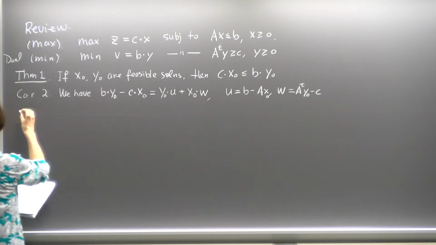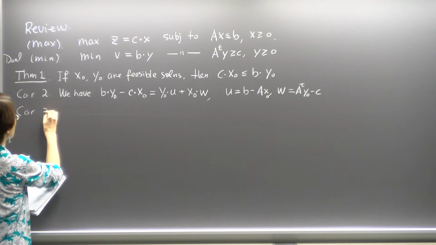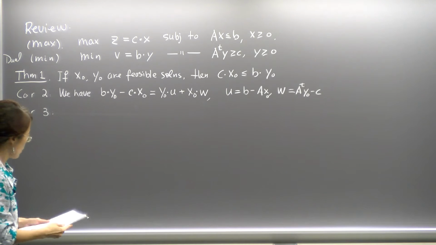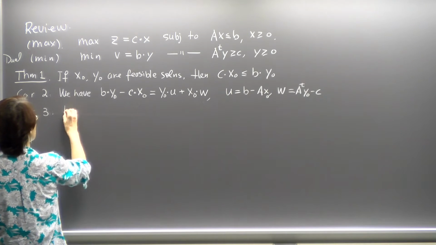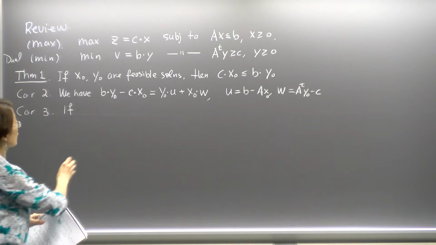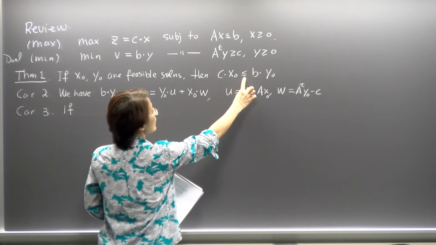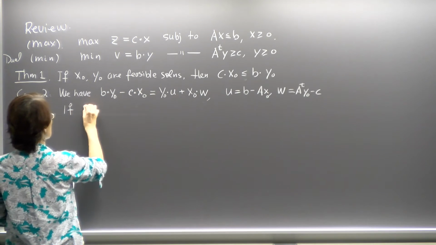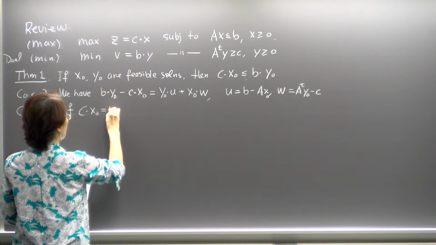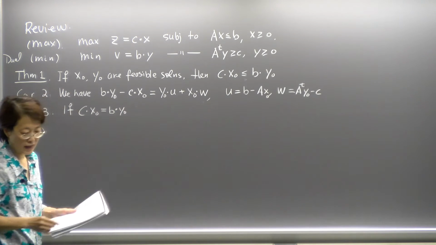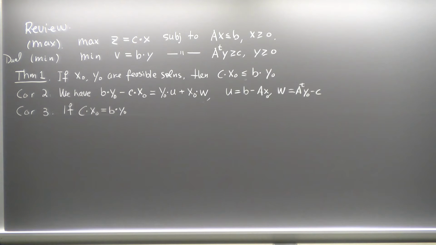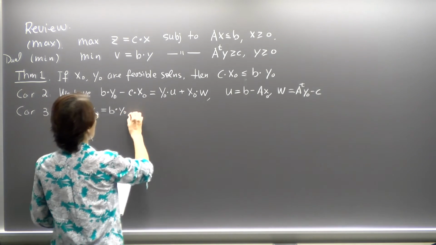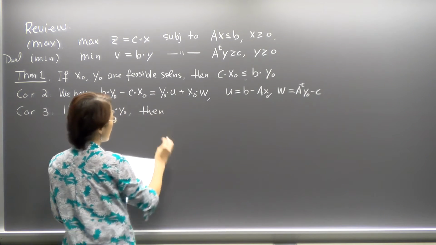And based on that, we have a short, logical argument to reach corollary 3. So if, in addition, this inequality sign now becomes equal, in the setting of theorem 1, if we find two feasible solutions where the min and max exactly take the same value, then a very simple argument shows that these two will be the optimal, actually.